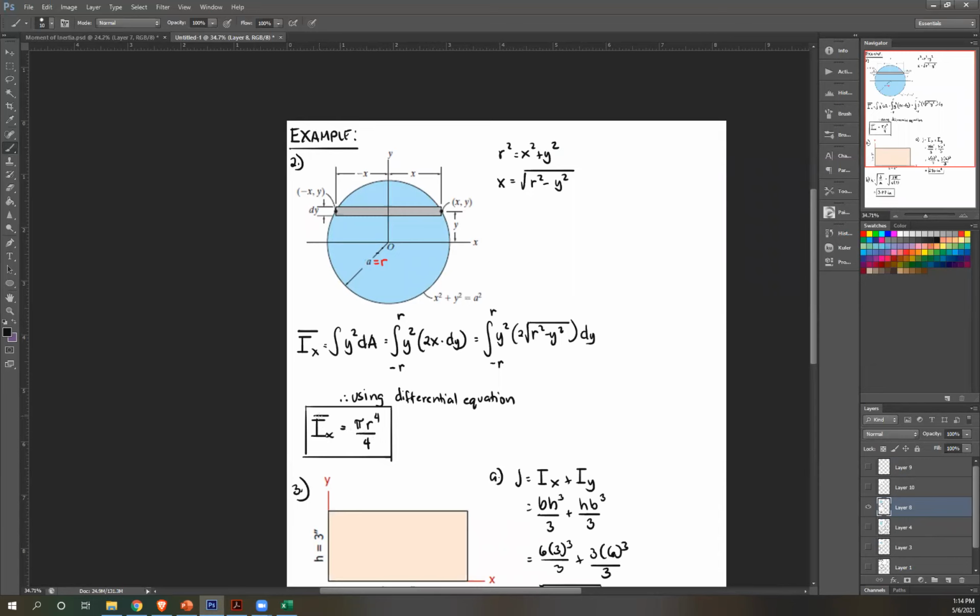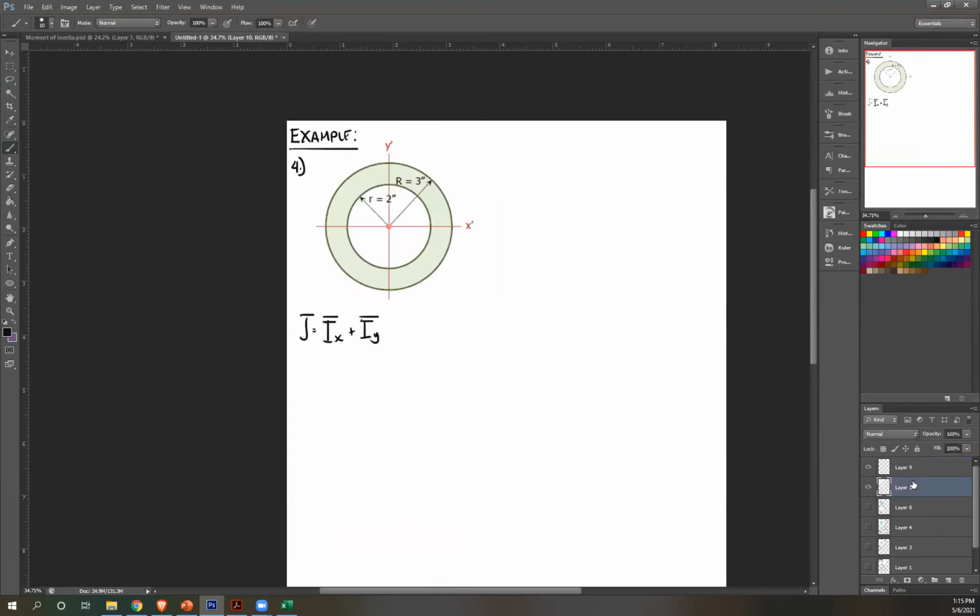Now this is symmetrical about x and about y. Therefore, moment of inertia for a centroidal axis y is also pi r to the 4th over 4. So we're going to use this equation, pi r to the 4th over 4.